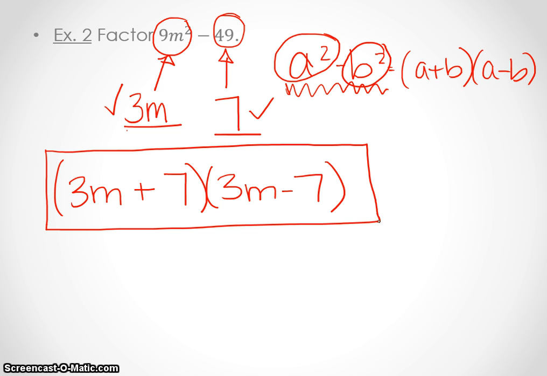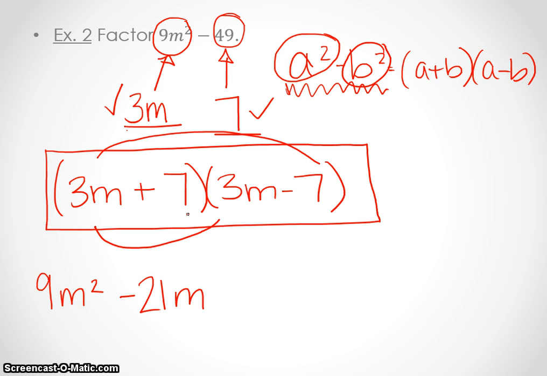But remember what I always say is you want to FOIL it back out to double check that it actually works. So here we're going to FOIL. We have 3m times 3m, which is 9m squared. Outers, 3m times a negative 7 is a negative 21m. Inners, positive 7 times 3m is a positive 21m. And finally, last, positive 7 times a negative 7 is a negative 49.